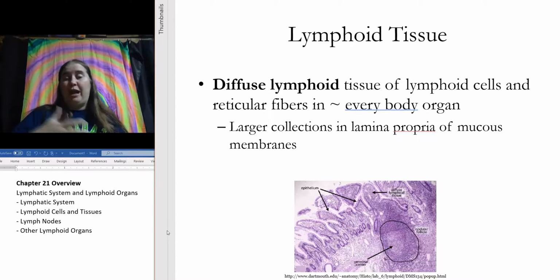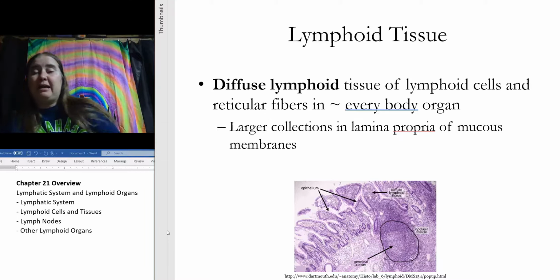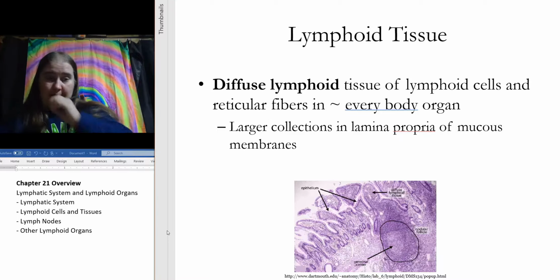Pretty much every tissue, every organ in our body has diffuse lymphoid tissue in it. Typically it will be found in the lamina propria of the mucous membranes, so it's widely dispersed and distributed throughout our body.